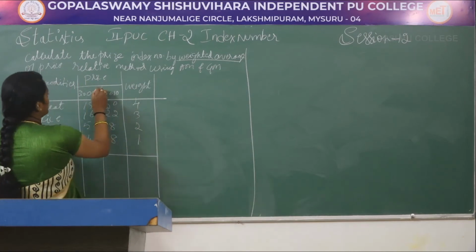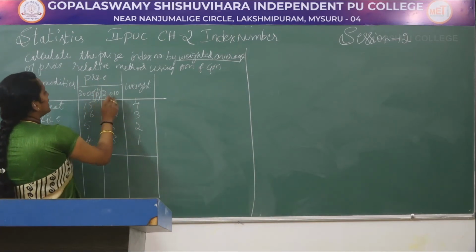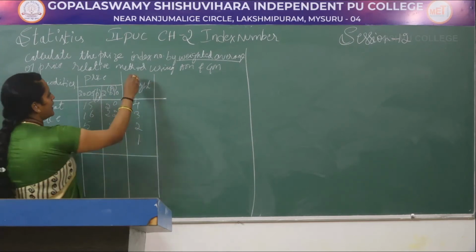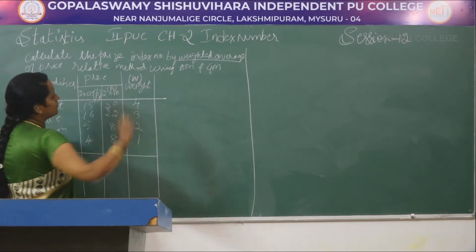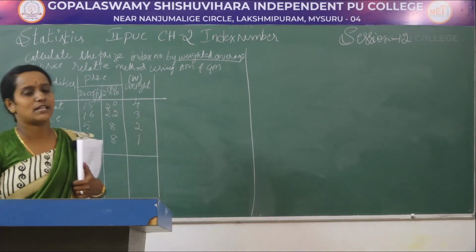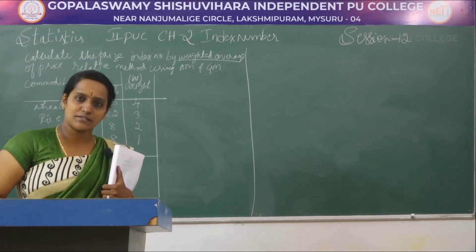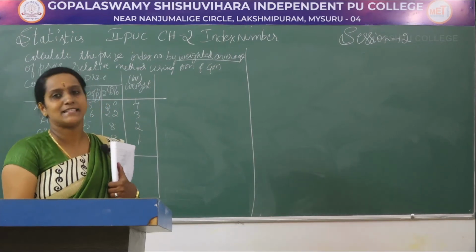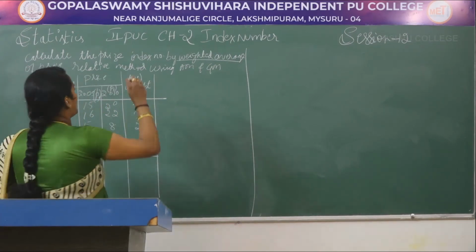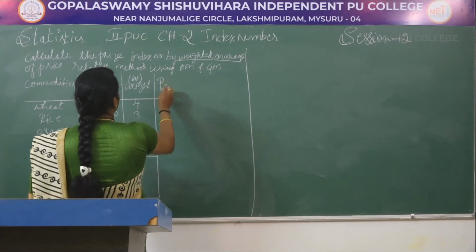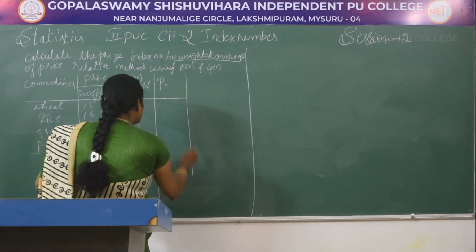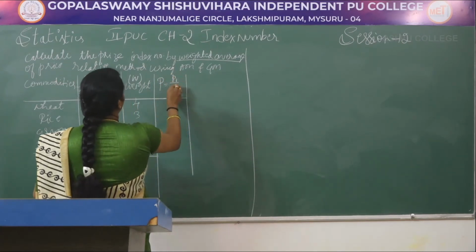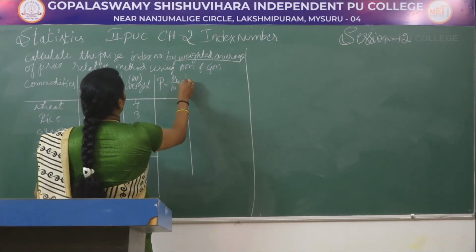Price in 2005 we call P0, and for 2010 it is P1. Weight we denote as W. The first step is the same as we did for the last problem. We have to calculate the price relative capital P value, that is small p1 by p0 into 100.